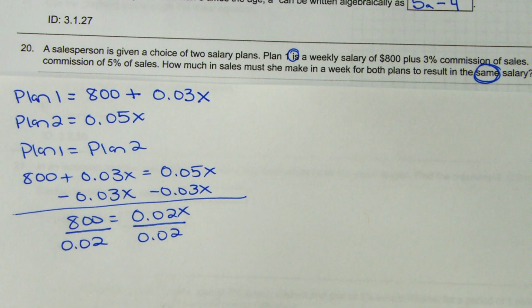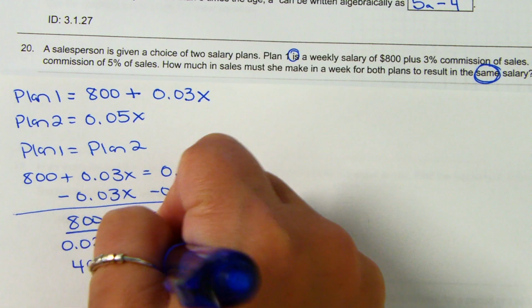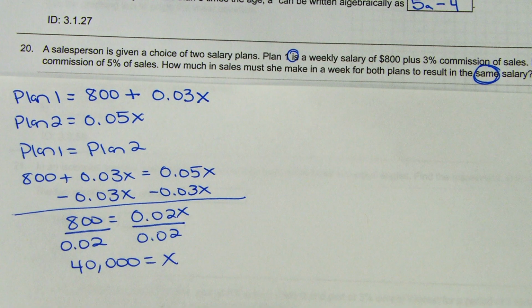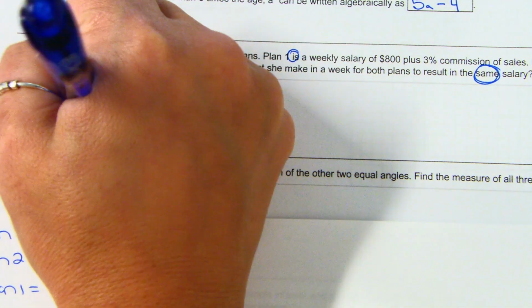And if I do that, I'm actually going to be able to solve this. I just created an equation because plan 1 is 800 plus 0.03x and plan 2 is 0.05x. I have an equation now. I can solve this and I can figure out how much I'd have to make in a week for these two plans to make the same money.